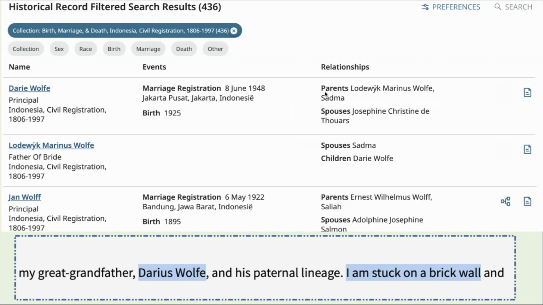It gives the parents, Lodewijk Marinus Wolf and Satma. Satma looks like an Indonesian name, an Indonesian wife. Birth 1925. This is a record that in another way would have been very difficult, probably impossible, to find. So this is getting through a brick wall in 1 millisecond.